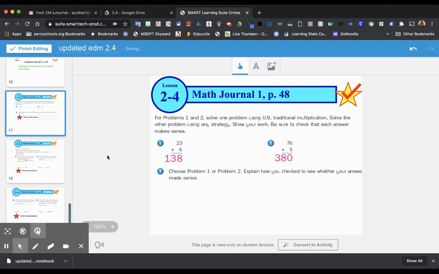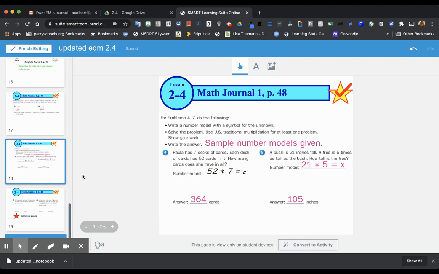All right, back to 1 and 2. Number 1, you should have gotten the answer of 138, and you could have solved that multiple ways to check your work. And number 2, 76 times 5 is 380. On number 3, you should have been able to just explain how you solved that. Number 4 and 5.